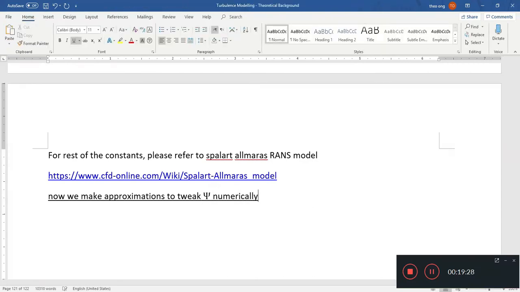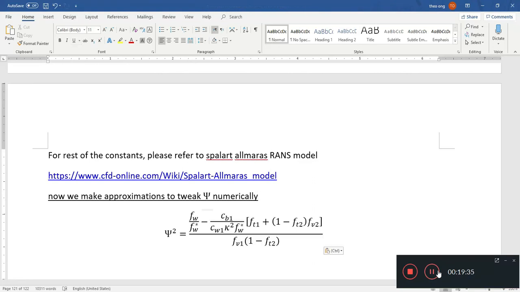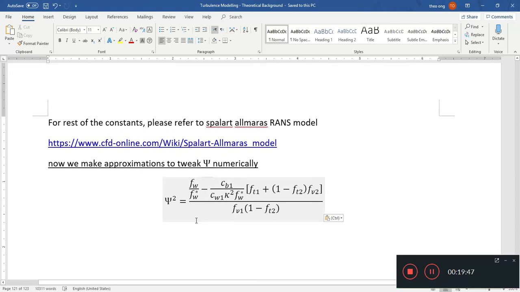What do I mean by tweak it numerically? It means I want to make it easier to calculate and well behaved, so that this thing doesn't suddenly shoot to infinity or something. So that's what we mean.